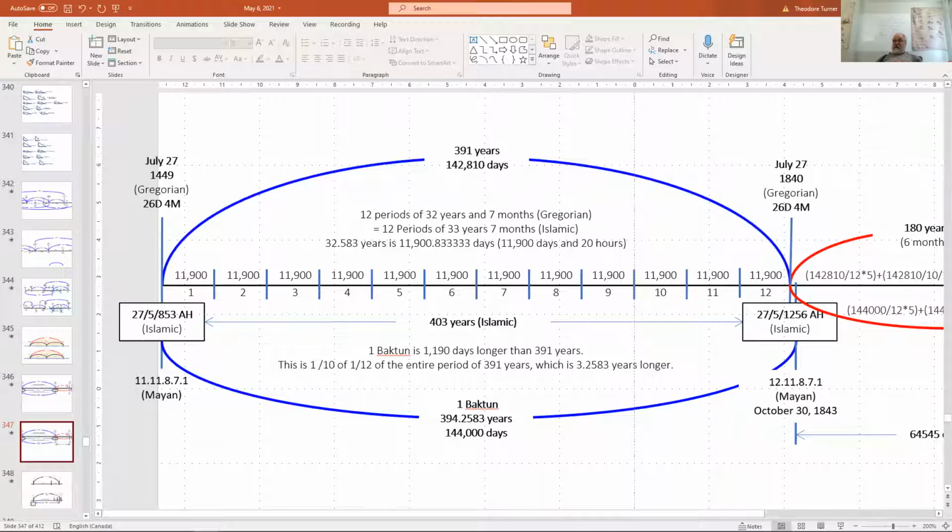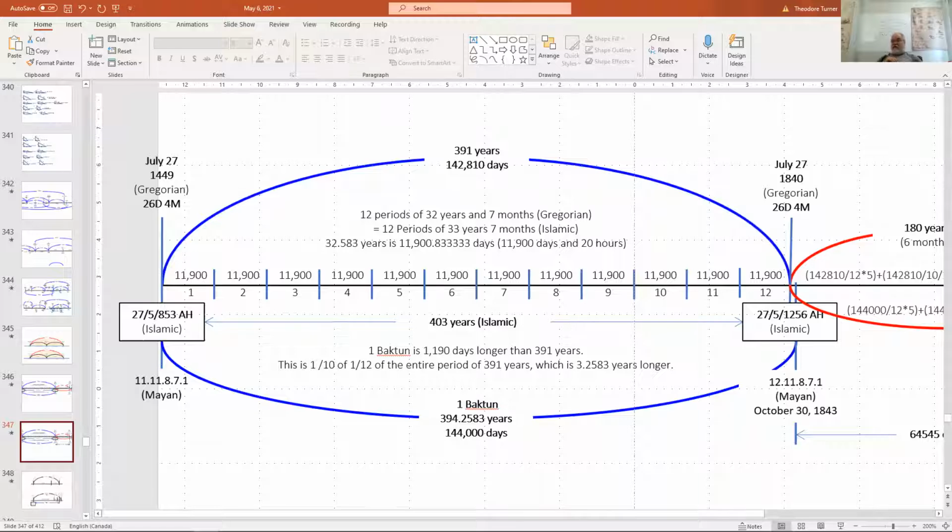Now, what we had come to understand was that this 391 years is a natural cycle. That is, the solar year and the lunar year line up every 391 years.